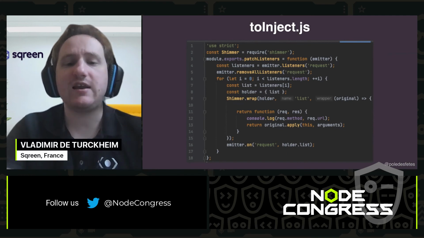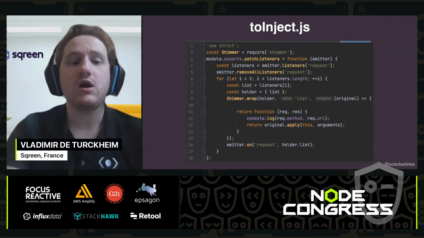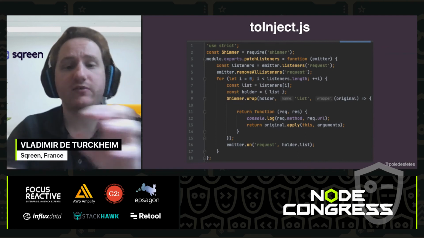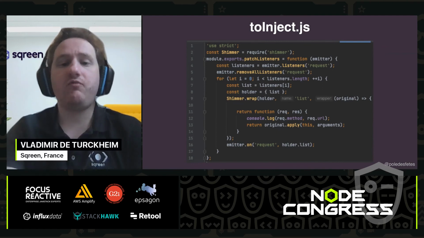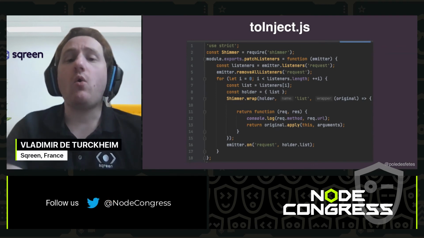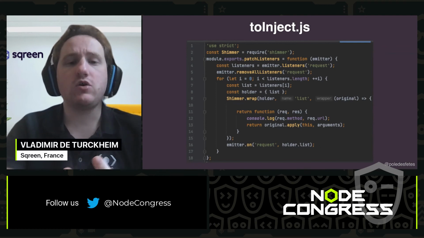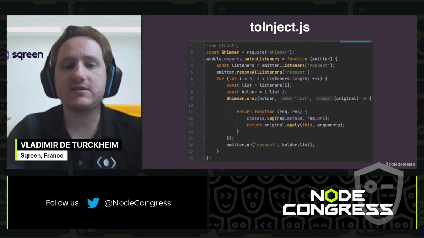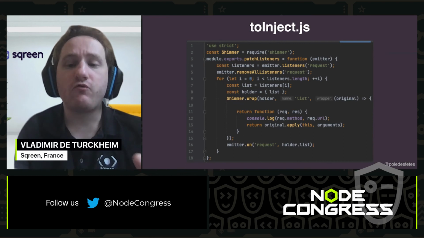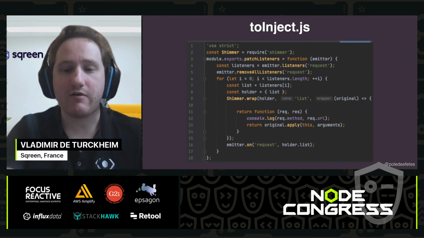So the function on line 11 takes request and response as parameters, logs request.method, request.url, and then calls the original method, that is all of the listeners that have been removed before. So what we do is we take all listeners and one by one, we wrap them with this function that logs the method and the URL.